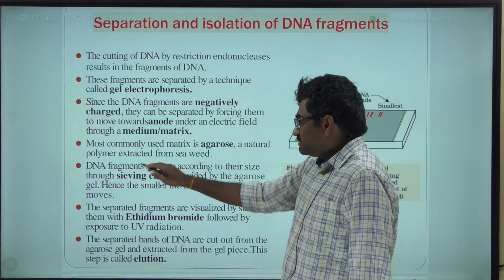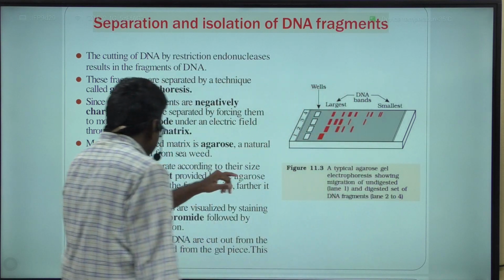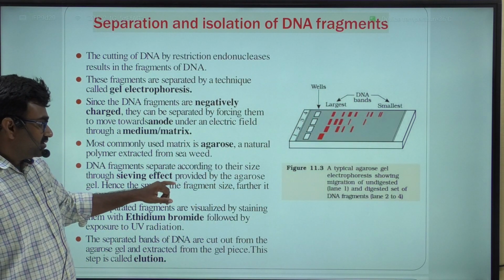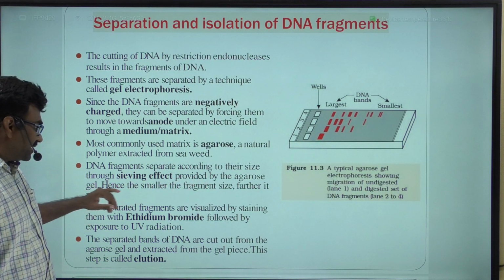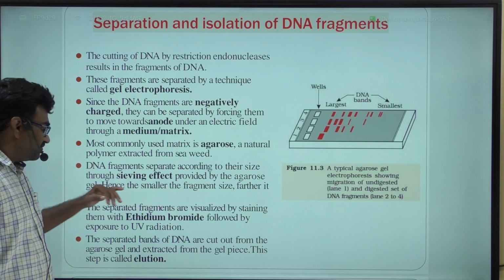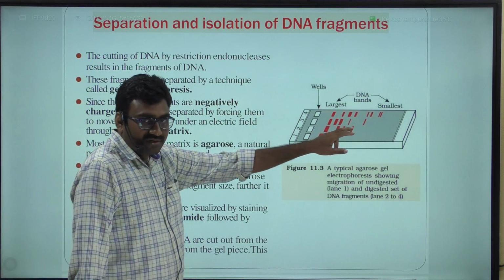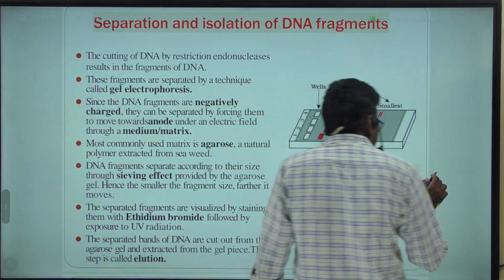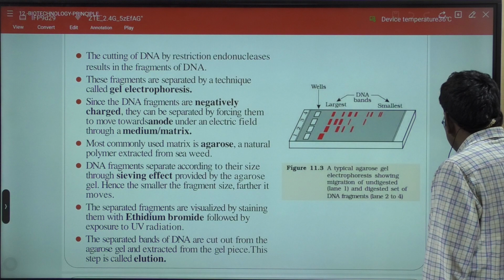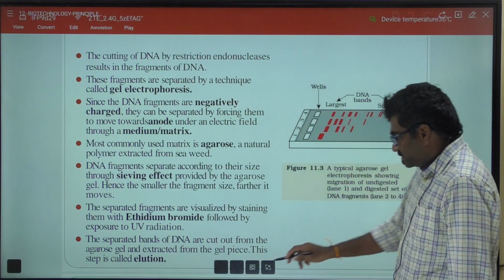So DNA fragments separate according to their size through the sieving effect provided by the agarose gel. Hence, the smaller the fragment size, the farther it moves. So if you look at the diagram, you can clearly observe the fragments, right?